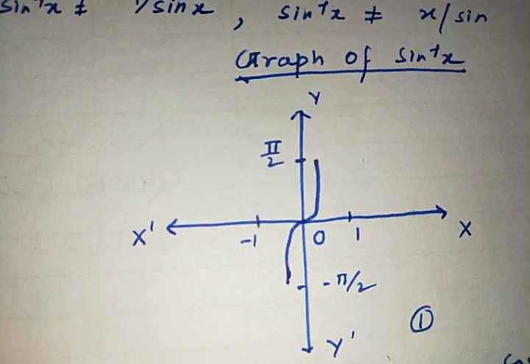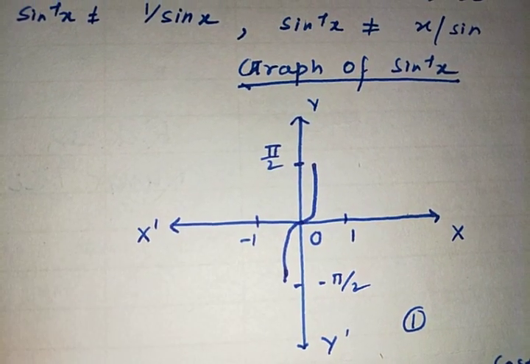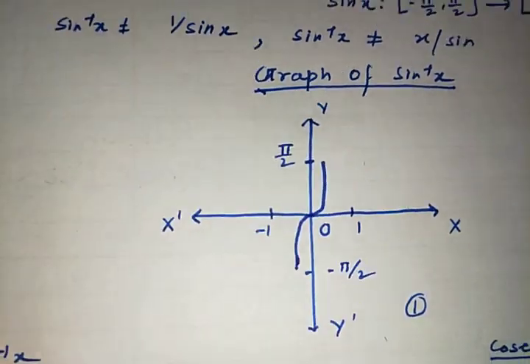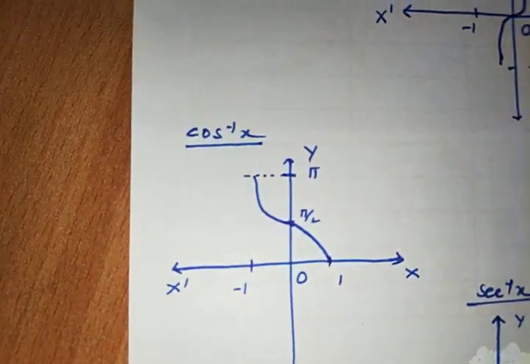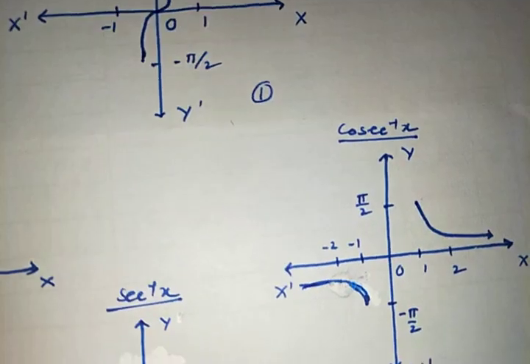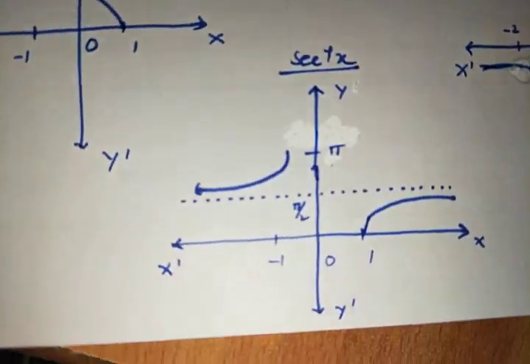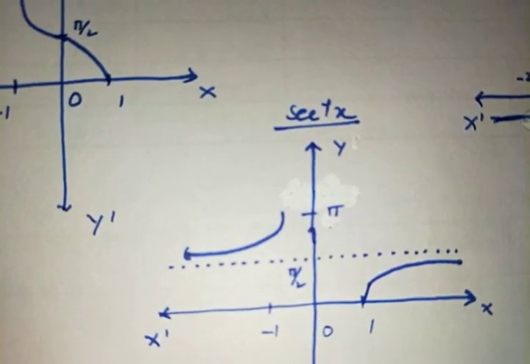So this is the difference between the graph of sine inverse x and sine x, and the same happens with other graphs too. Cos inverse x, you can see cosec inverse x, you can see sec inverse x.